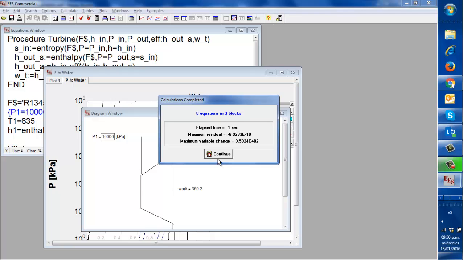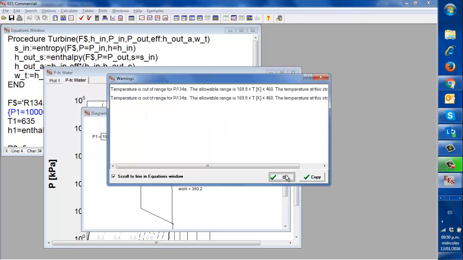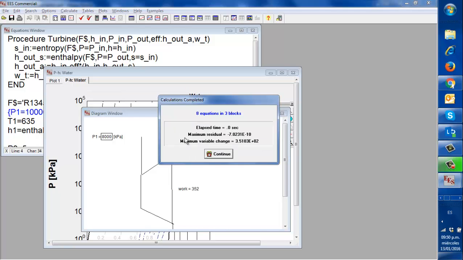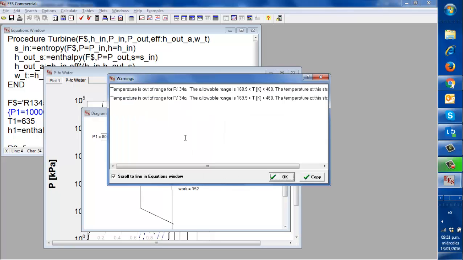So now, can you change the 10,000 directly in the diagram? Here in the diagram, yes, calculate. So that's very handy when you want to create a tool for someone else to use, but you don't want him or her to mess with your program, right?